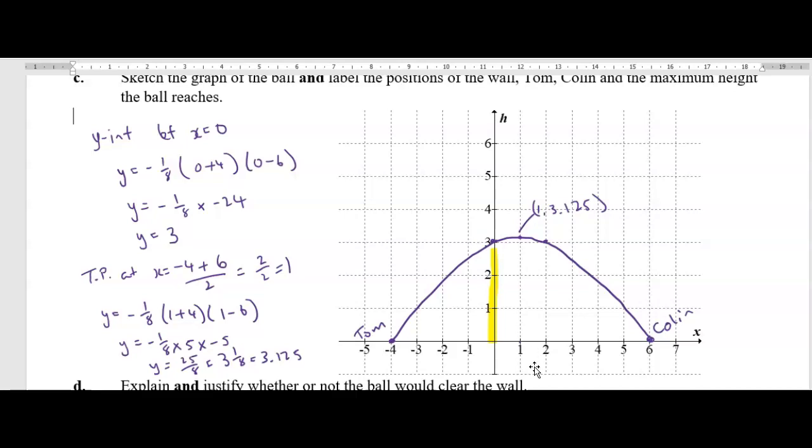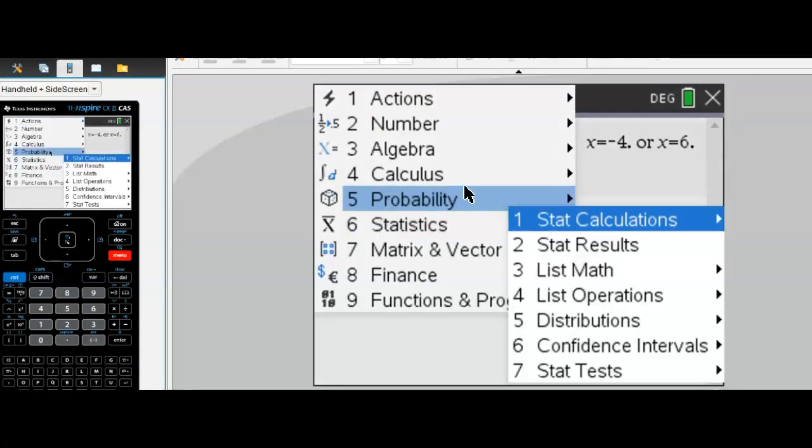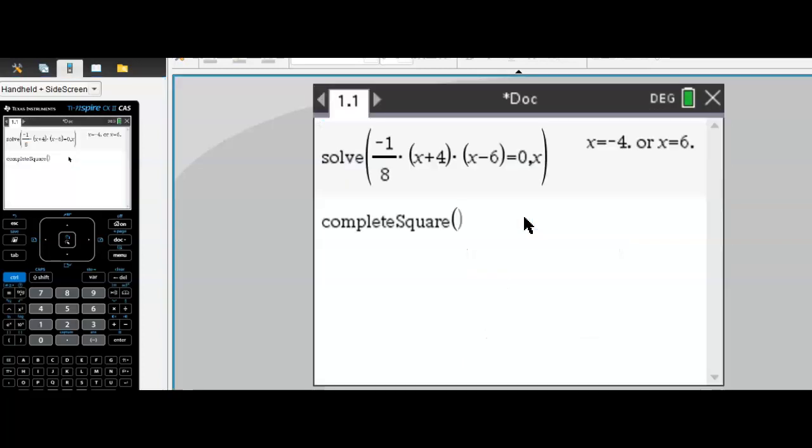Now, let's do all this on the calculator, because remember, this is a tech active exam. So first of all, you can go to complete the square. So complete the square will put the equation in turning point form. So at the moment, it's in factorized form.